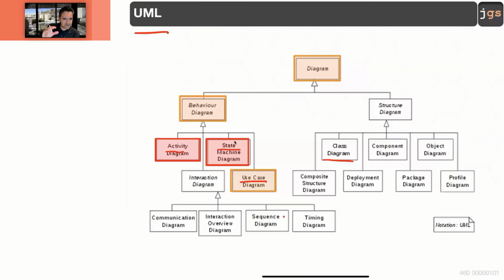So for the family of behavioral diagrams for the analysis, we're going to deal with use case, activity, and state. As I mentioned before, the use case is the big brother, the important one. The other two are going to help this one with the details. The activity with the details about the process, the state with the details about values for variables, global variables. Well, they are going to be globals later.